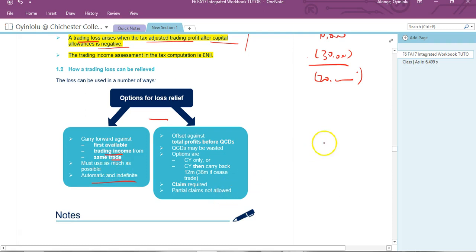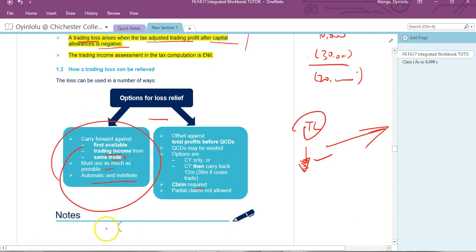And just to highlight this, to be able to use any trading loss in your year, you need to make a claim. Right? You actually have to ask for it or tick a box, so to speak. It doesn't naturally do that. What it wants to do is to push it forward against trading income of the same trade. And you can't restrict it, right? That's the key point. So that's your first big option. I think we see a question on it first of all. So park that, make sure you're happy with that.